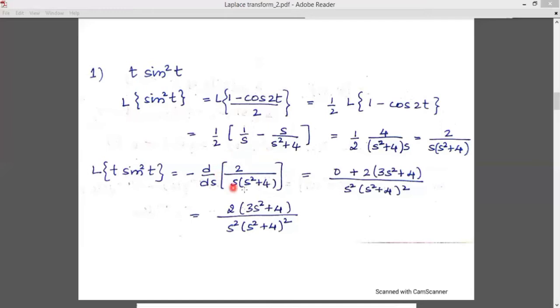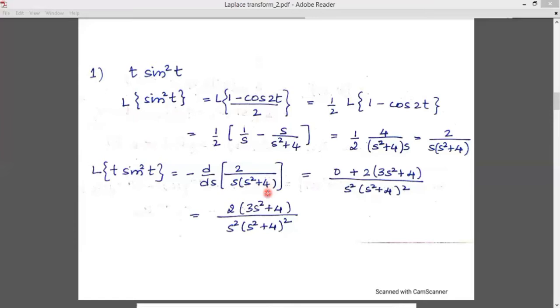I've used the quotient rule while differentiating this. So it is u dash v minus uv dash. U is 2, so u dash is 0, minus u, 2, into v dash. So it is the derivative of s into s square plus 4.